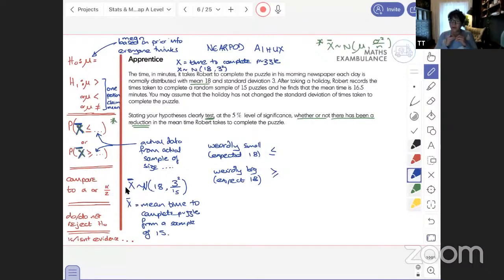And then I pick out another 15, find the mean, put them back, and somebody somewhere is jotting down all of the means that I get. The sample size is always 15, but I just pick out a random 15, find the mean, put them back.